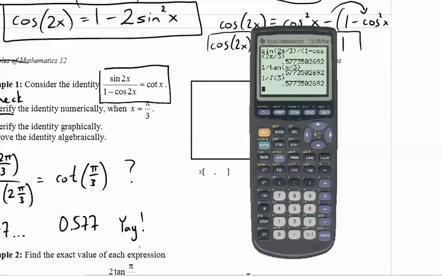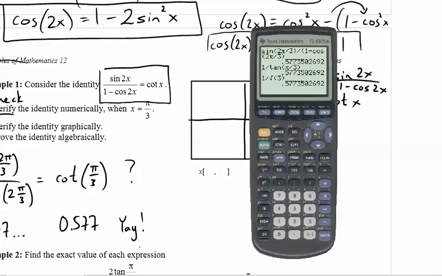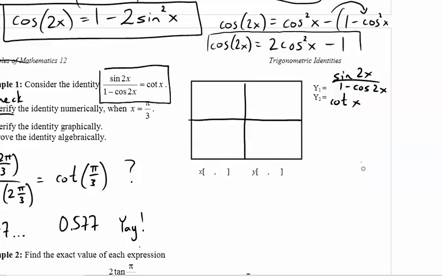That was very strange. So sine 2x over 1 minus cos 2x is exactly the same as cotangent x. The graph is these things. 4 of these things fit from negative 2 pi to 2 pi.